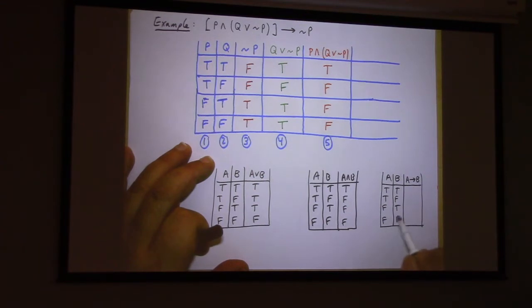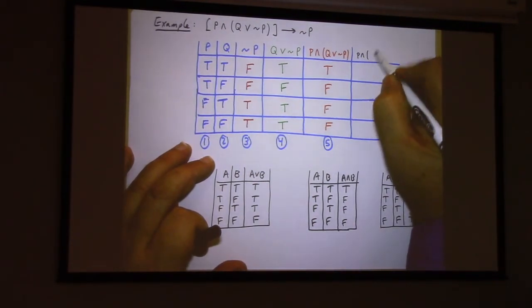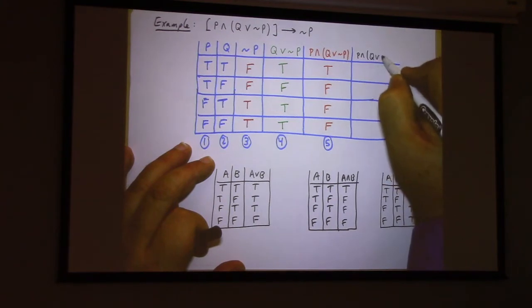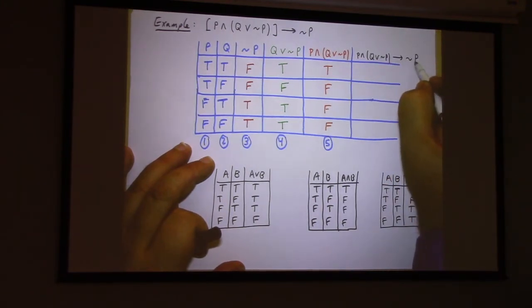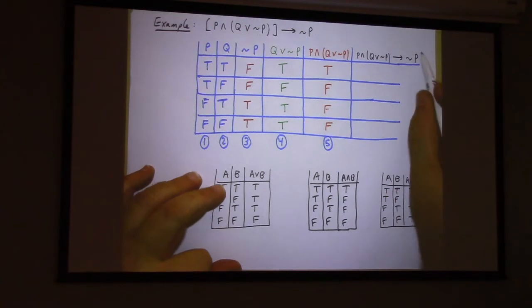Them's our choices. Again, the only way to have the conditional be false is true implies false. Everything else is true. All right? So we're looking at P and parentheses Q or not P implies not P. Ugh, that's a mouthful.